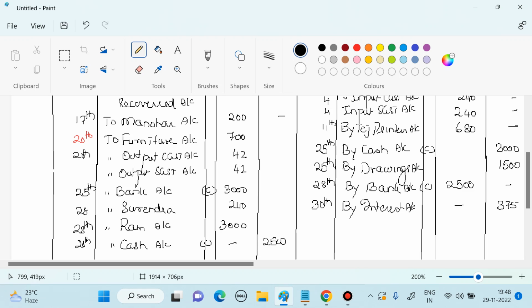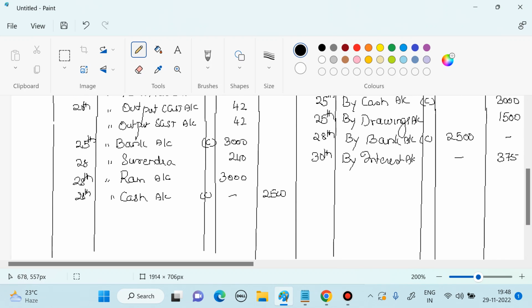The last one is: deposited with bank the balance amount after retaining 2000 cash in hand. So now we have to ensure that our closing balance of cash is 2000. They are saying Tarun decided that in his pocket or in his safe box he is going to keep 2000 cash. Whatever extra cash he has, he will deposit into bank. So we have to pass one entry for depositing money into bank.